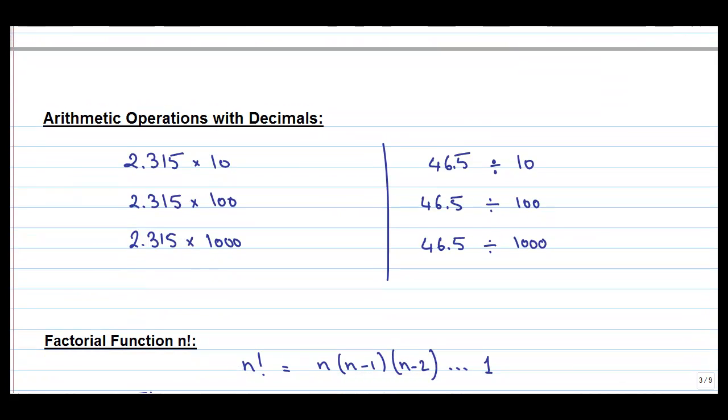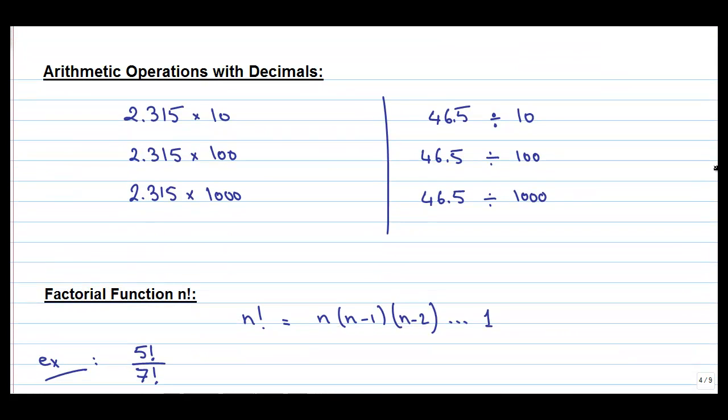Alright, we move on to the next point, which is arithmetic operations with decimals. Now, if I have a decimal number like 2.315, and I multiply it by 10, the same number by 100, the same number by 1000, and so on. If you multiply by 10 to the power 1, which is 10, you move the decimal point to the right.